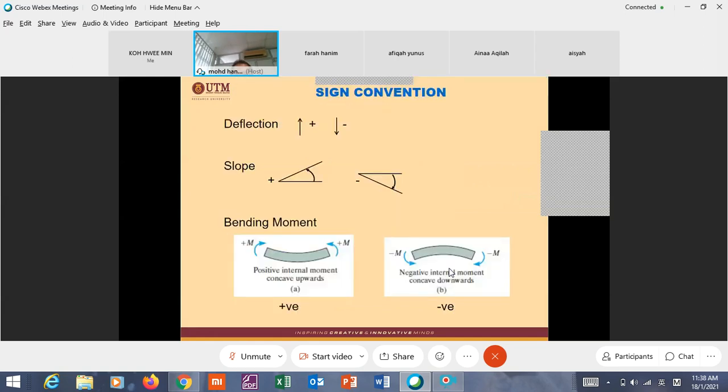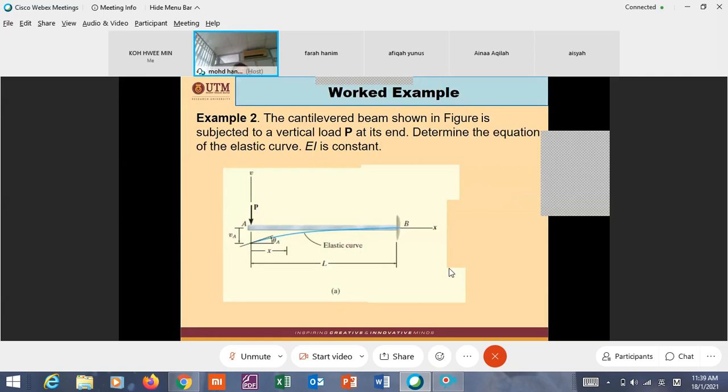Now, take for example, I go to example 2 first. For those who follow through the lecture note, this is example 2. The cantilever beam shown in the figure is subjected to a vertical load P at its end.